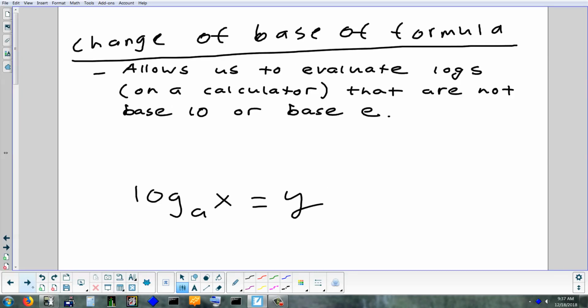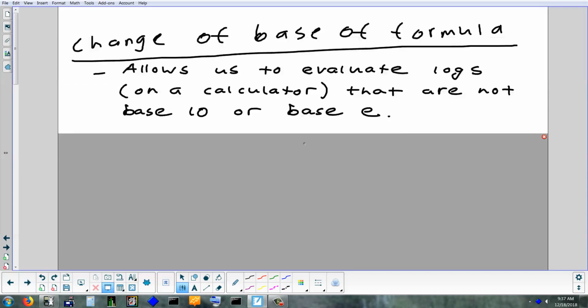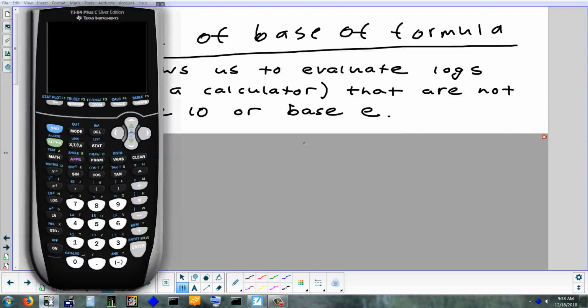All right. So, last thing we're going to look at is how can you type in a base that's not 10 or e. Those are the only ones the calculator can do by pressing a single button. But there is a way to type it in on any calculator. Some calculators have different features built in, like if you have a graphing one.